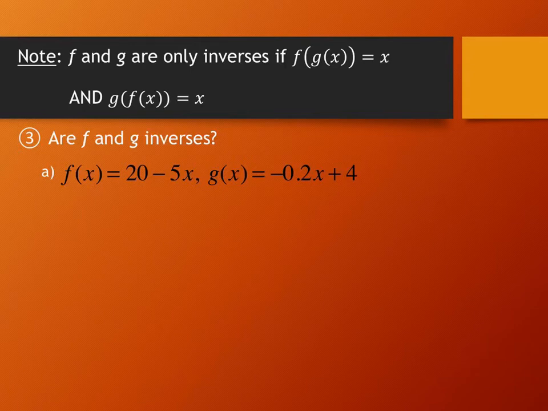We did that in the last lesson, this idea of composite functions. So that's not new information. The new information is that if it has this very special relationship that it equals x once you do it in both directions, then the functions are inverses.